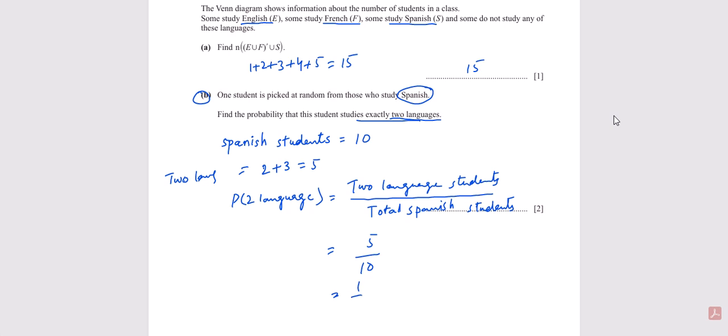Calculating this, we get 1/2. 5 ones are 5 and 5 twos are 10. So the final answer is 1/2.